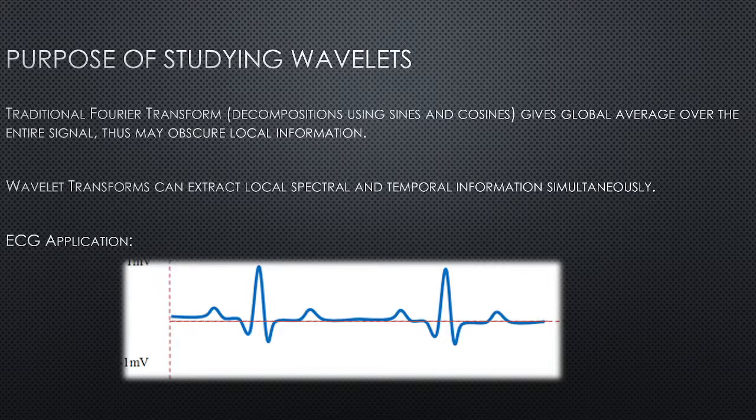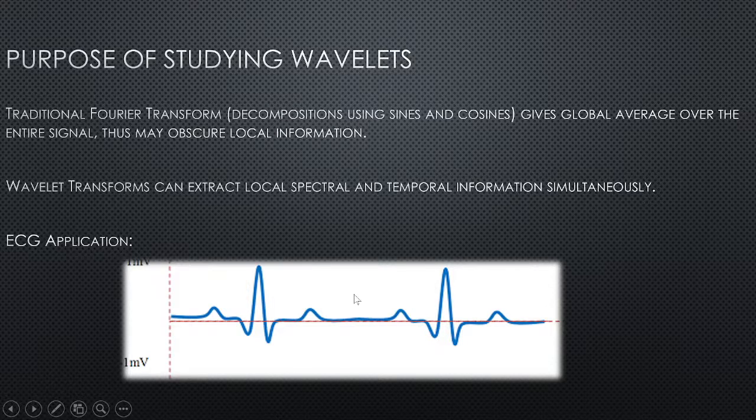But what happens if your signal exhibits different patterns throughout its length, right? For example, if you look at this ECG signal that I've shown here, the PQRS complex is only present in these peaks, right? And between two complexes there is some flattened data over here, right?